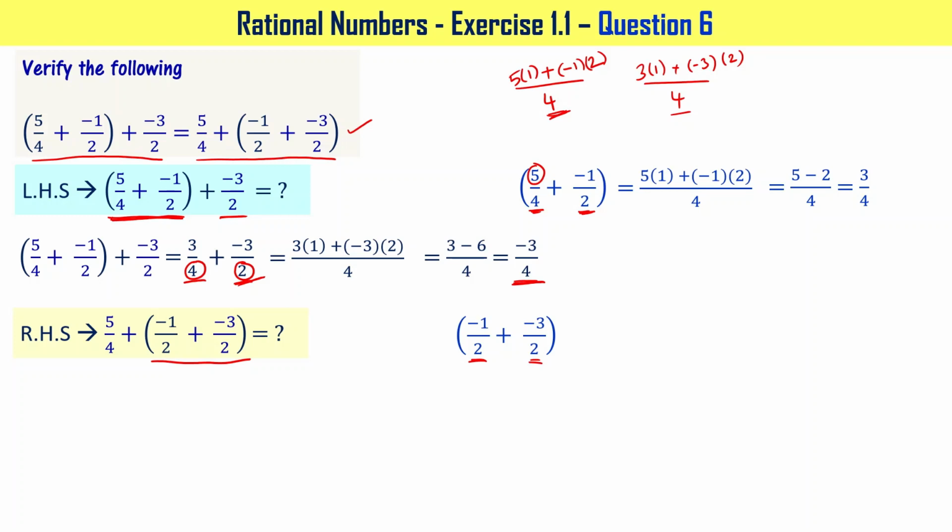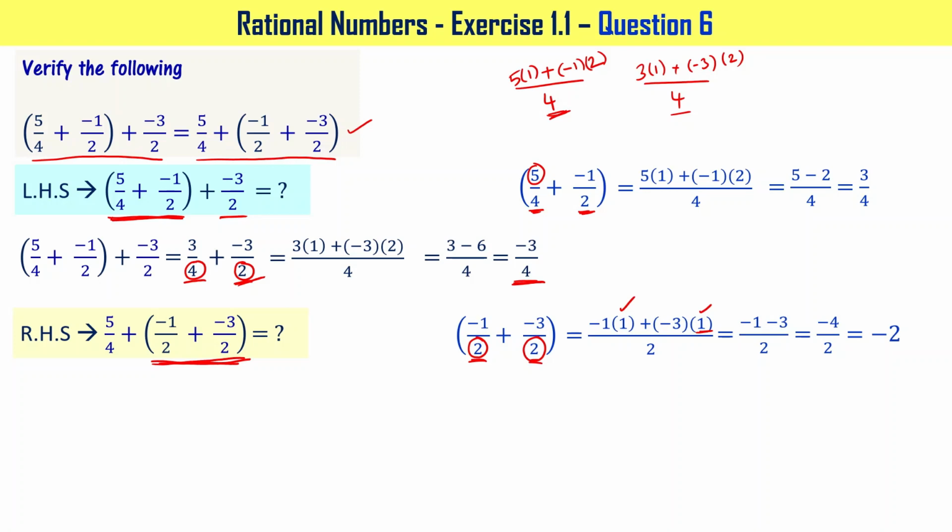LCM of 2 and 2 is 2, so minus 1 times 1, plus minus 3 times 1. Minus 1 plus minus 3 divided by 2 is minus 4 by 2, that is equal to minus 2. So when you add this part, you get minus 2 as the answer.